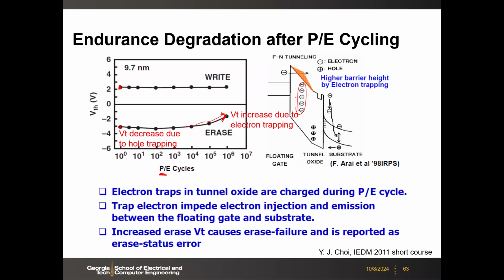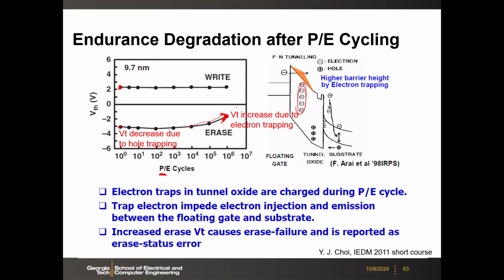If those traps cannot release after the erase, then the VTH will be higher, right? Ideally, you want to erase all the electrons from the floating gates, but some of them get trapped, for example, at the interface or in the tunnel oxide, so you cannot completely remove the electrons, and the VTH increases, okay?